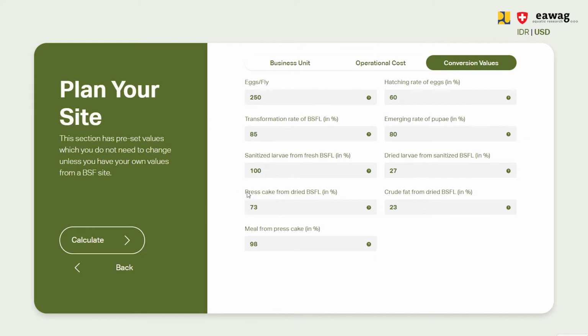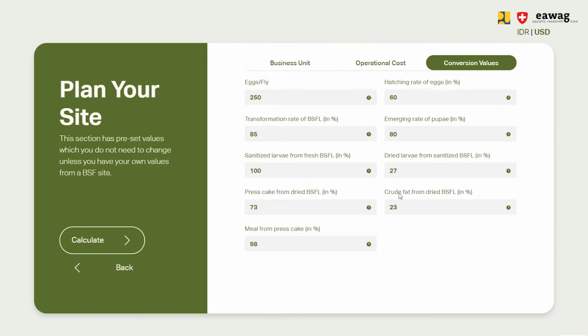Then we have a value for the press cake from dried BSFL. This means that you can expect 73% in weight of press cake compared to the weight of the dried larvae, the dried BSFL.